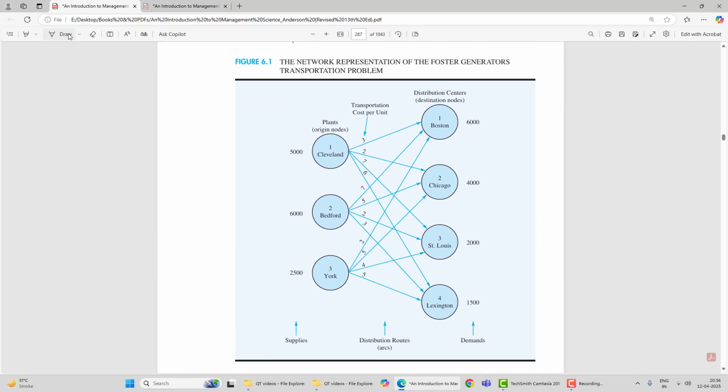If you want to show the variables on the diagram, from origin 1 to destination 1, the number of units will be x11. I am just writing x11 here. From 1 to 2 it will be x12, like this. So you can capture them here if you want, quickly. From here to here it will be x35.